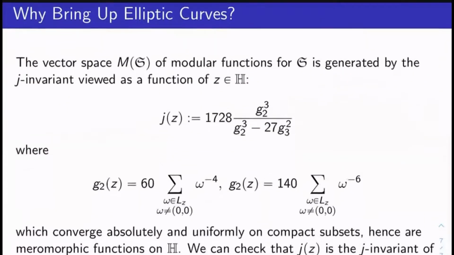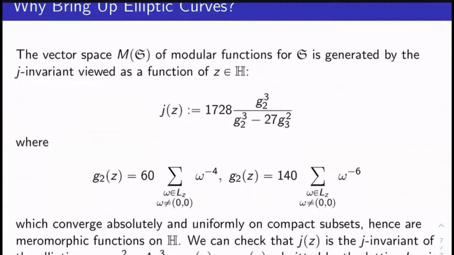Why bring up elliptic curves, though, in the context of modular functions? Well, let M of S be the vector space of modular functions for S. It turns out this is generated by the j-invariant j viewed as a function of z in H. What's going on here?